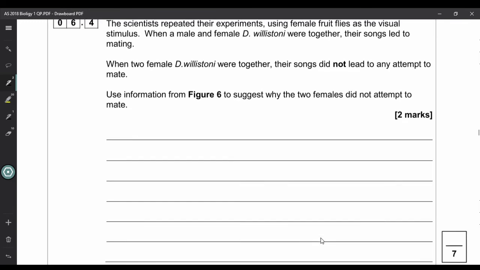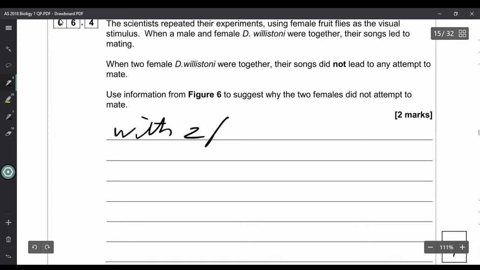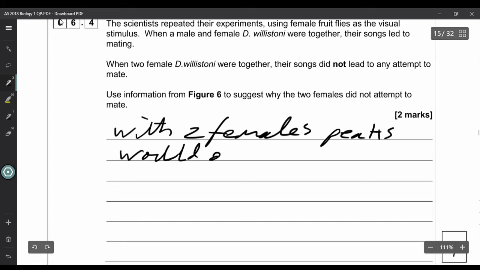So we can say that with two females, the peaks would occur at the same time.